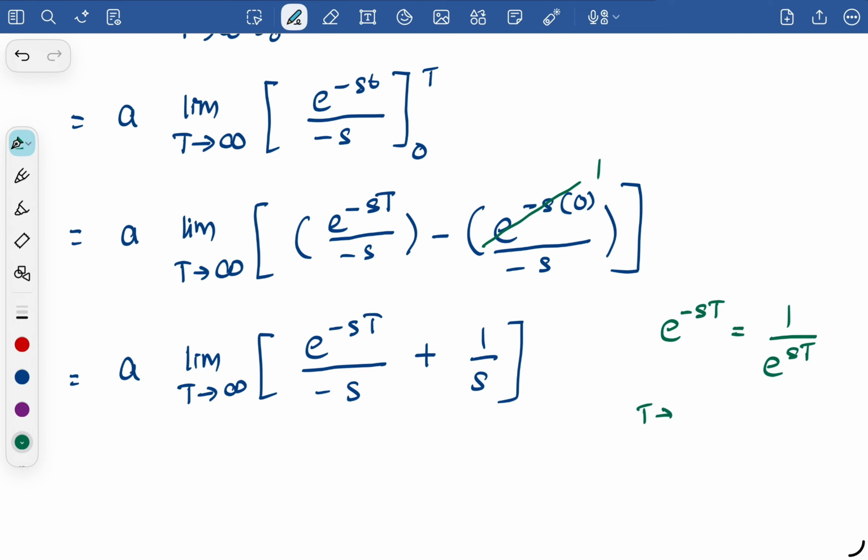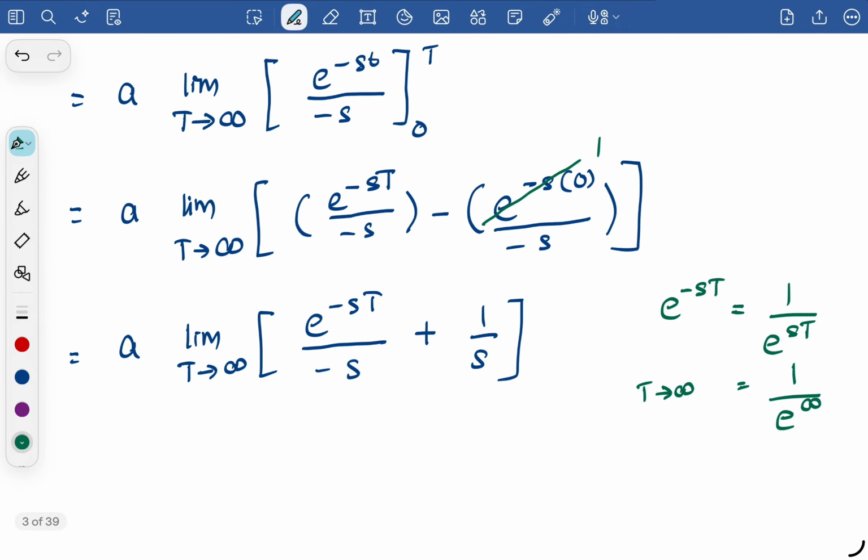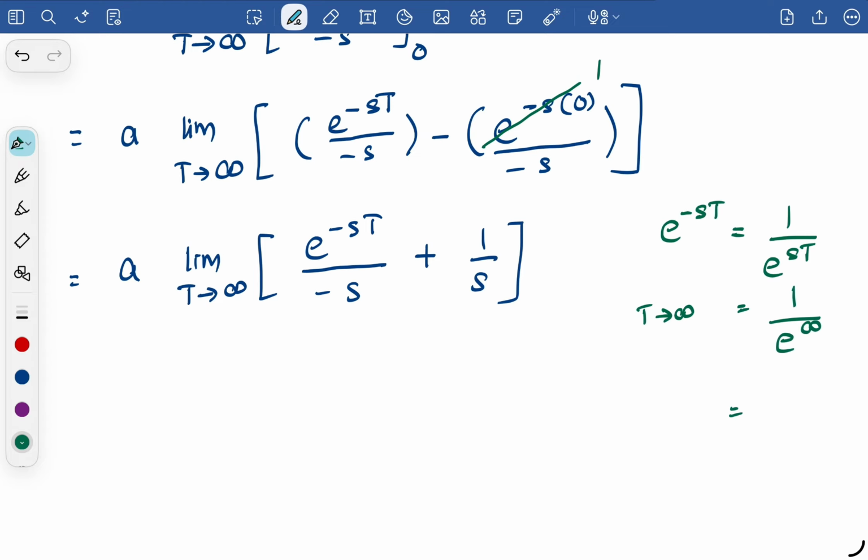When T tends to infinity, we get 1 over e to the power of infinity. e to the power of infinity is a very big number, so we get 1 over infinity, which is equivalent to 0. Because infinity is a very big number, 1 divided by a trillion, a zillion, or any other number gives 0.000000, which is basically close to 0. So this can be 0 for our answer.